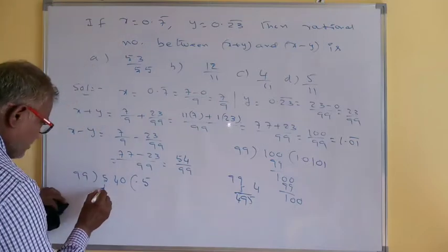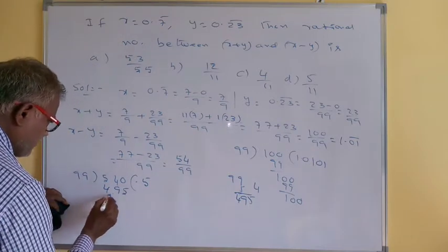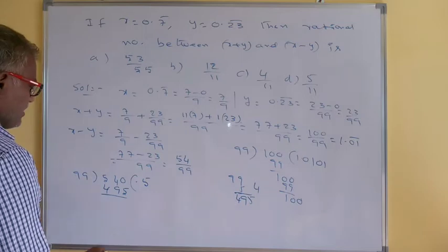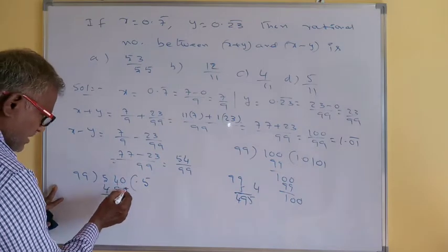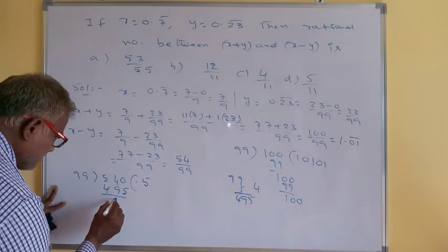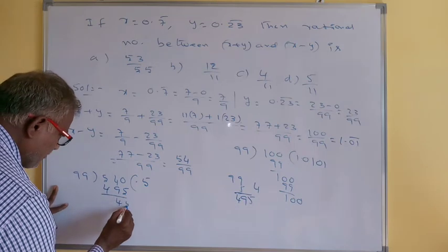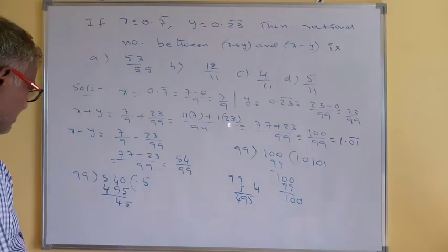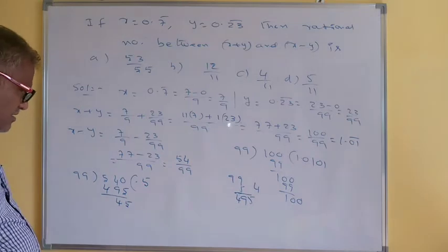So 5. Here 495. Here totally how much? Totally 45.